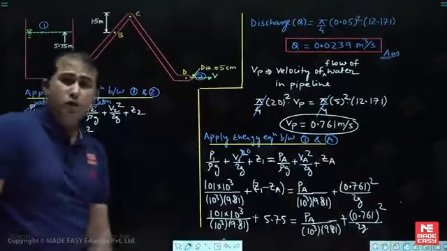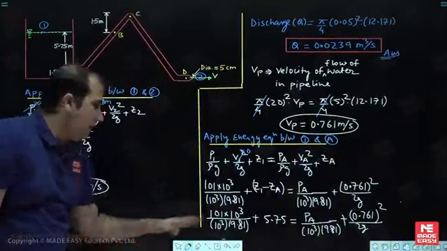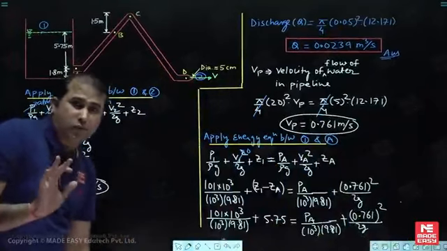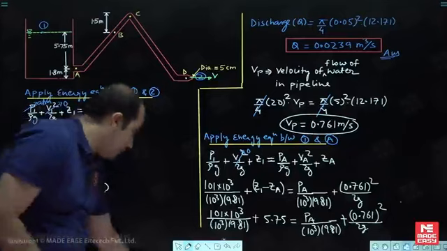Okay. So when you will solve it, then you will get the value of PA. I have done my calculation work. I am going to write the value of PA here.